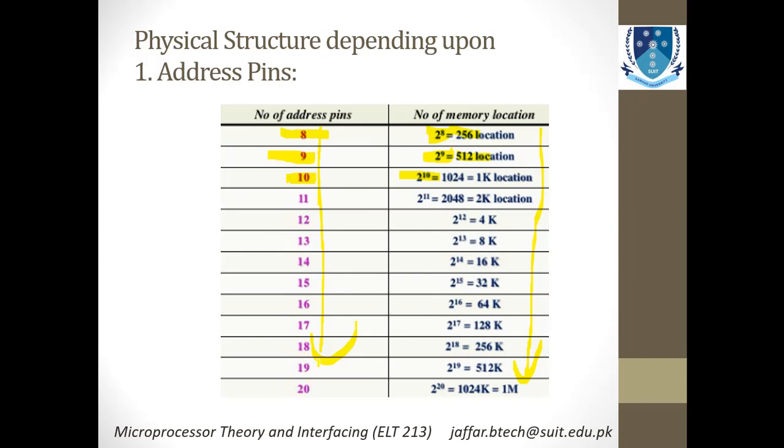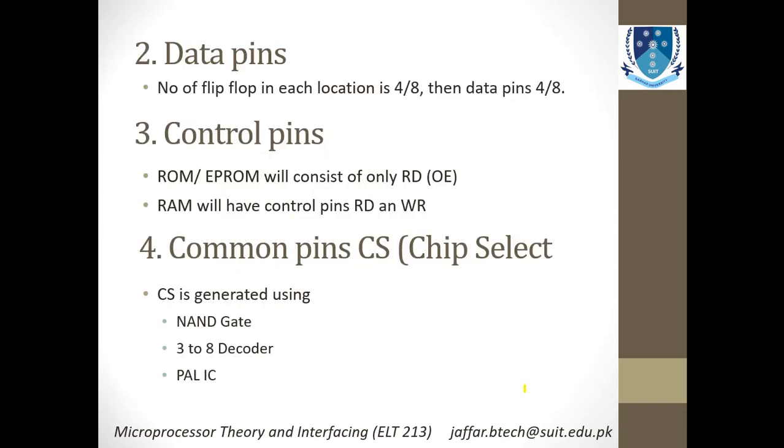For 2 power 19, the total memory locations will be 512k, and for 2 power 20 you will have 1 MB of locations.